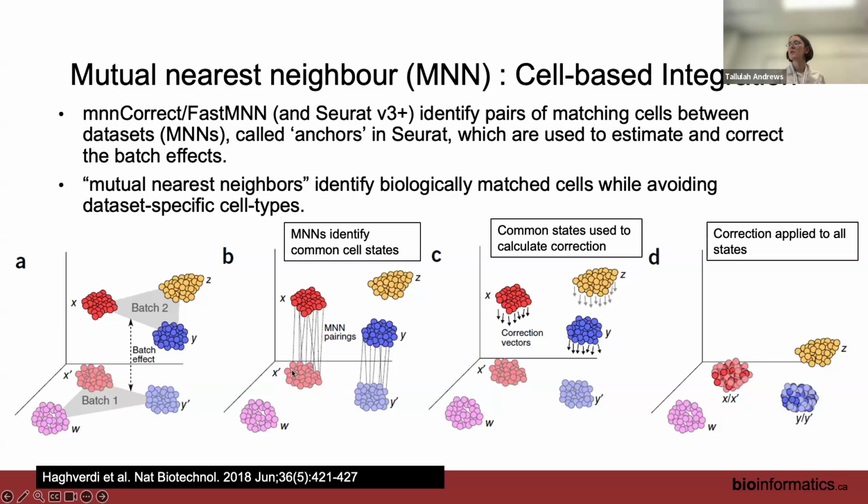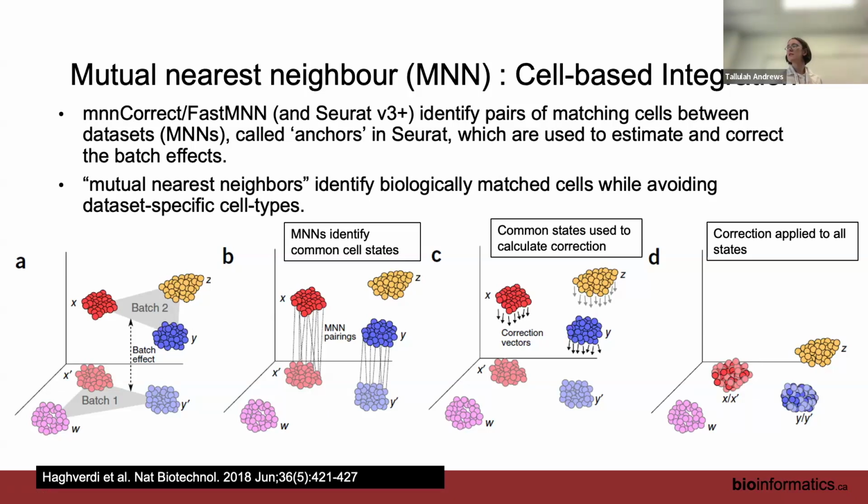Then for each cell in that batch, find the most similar cell in this batch. If a cell in batch 1 says, hey, you in batch 2, you're my neighbor, and that cell says, yeah, you're my neighbor too, you're my mutual nearest neighbor, that will line up which cell types are actually matching. So these red cells will match with those red cells. They'll agree and say, yes, we are mutual nearest neighbors, we are the same cell type.